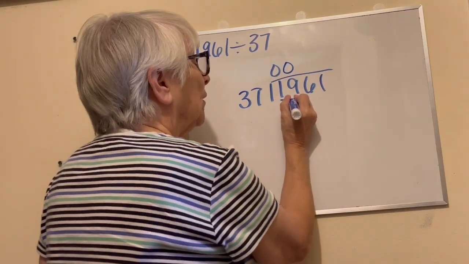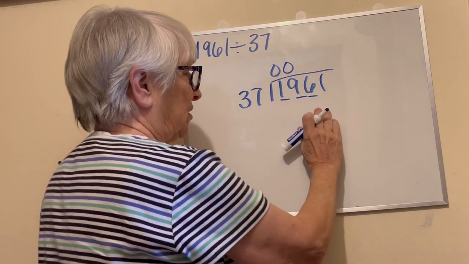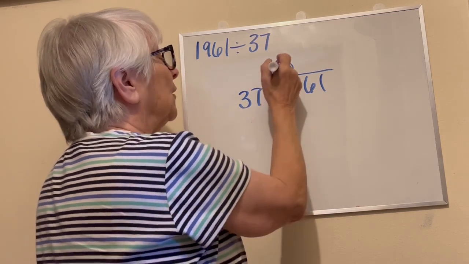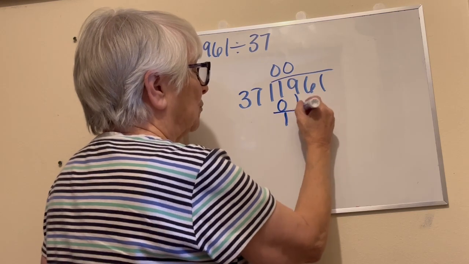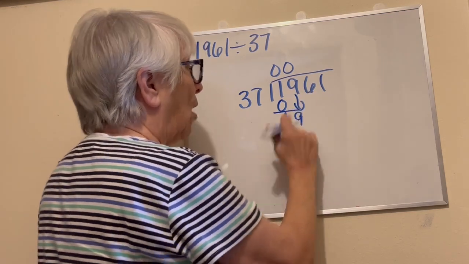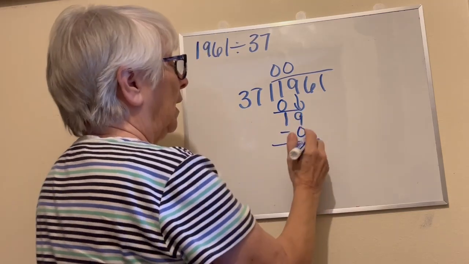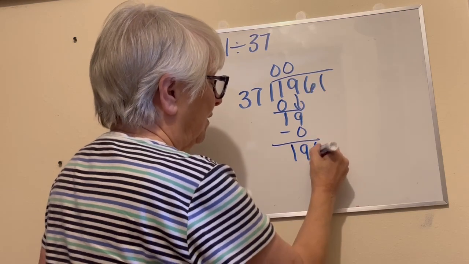Now we're looking at 196. We're looking at 3 digits. Now I'm going to show you that that's right, because 0 times 37 is 0. I subtract and bring down the 9. If I bring it down, I have to put a number up. That's 0. And I bring down the 6.